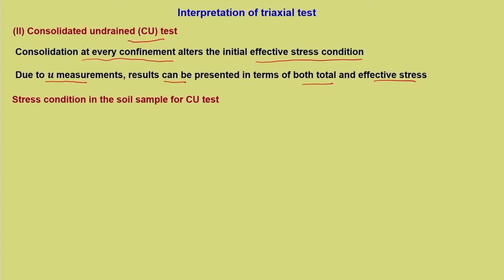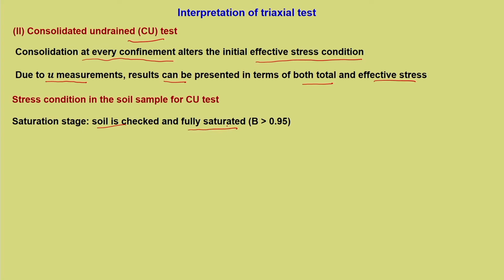Now just like we discussed the stress condition in the soil for the UU test, we will see what is the stress condition in the CU test. So first is the saturation stage. Again, for each of these tests we will repeat this, for completeness and clear understanding.